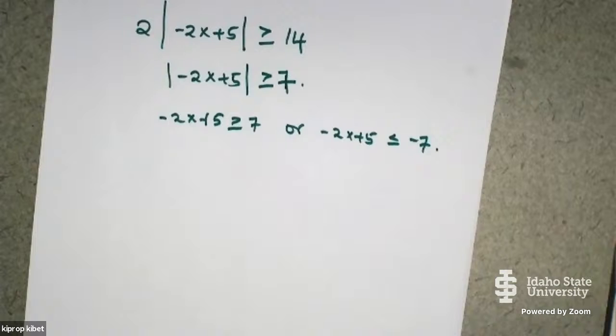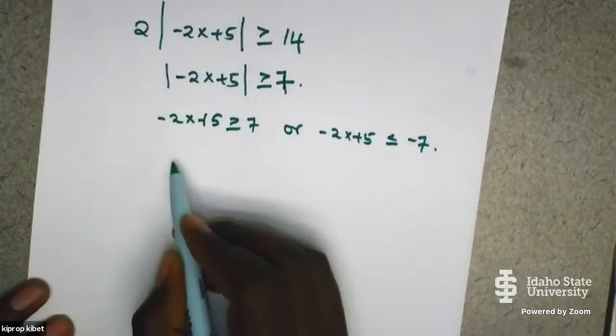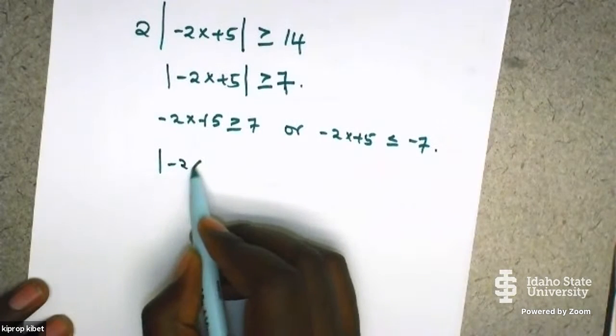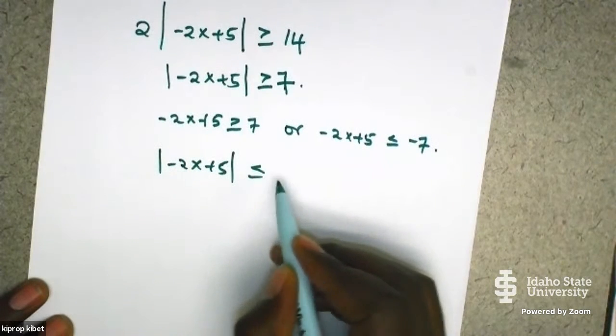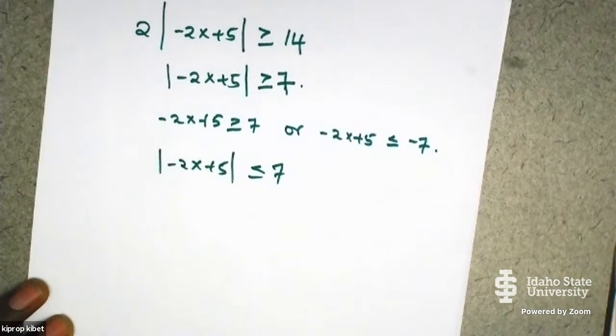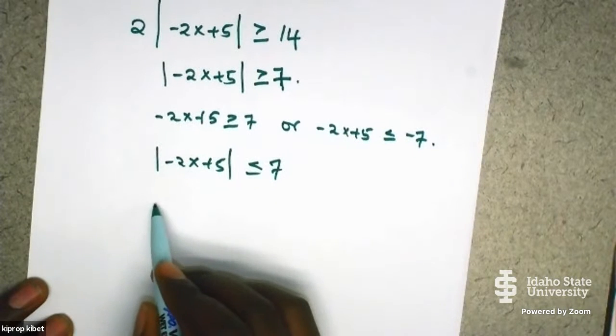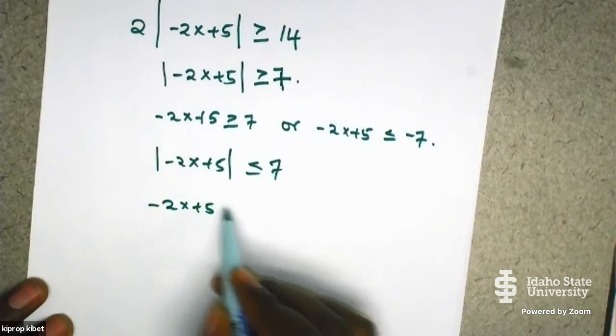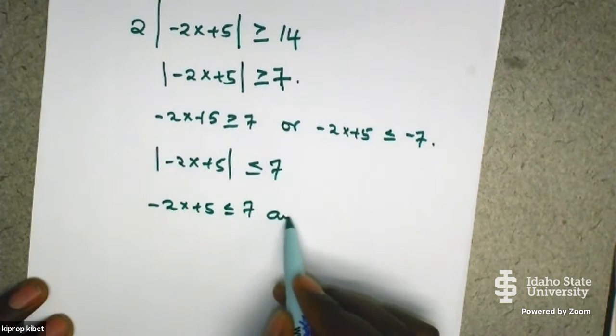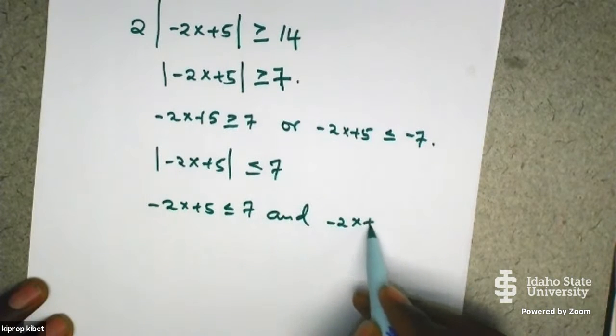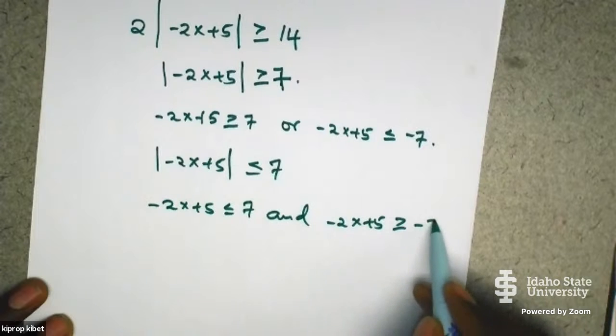So if it was the other way, then it would have been less than this. So if it was minus 2x plus 5 less or equal to 7, then this will be minus 2x plus 5 less or equal to 7, and minus 2x plus 5 greater or equal to minus 7.